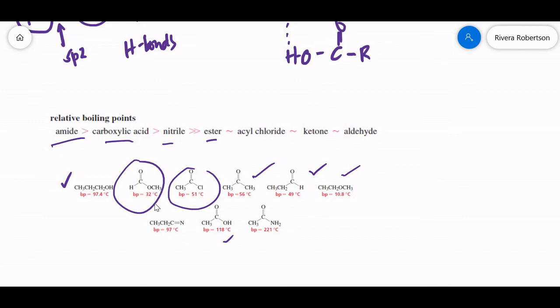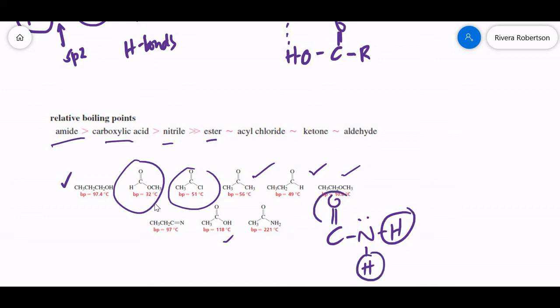Now, why is it that your amide has a higher boiling point than your carboxylic acids? Now, the answer lies again with H bonds. Because if you look here, it has two hydrogens that it can donate.